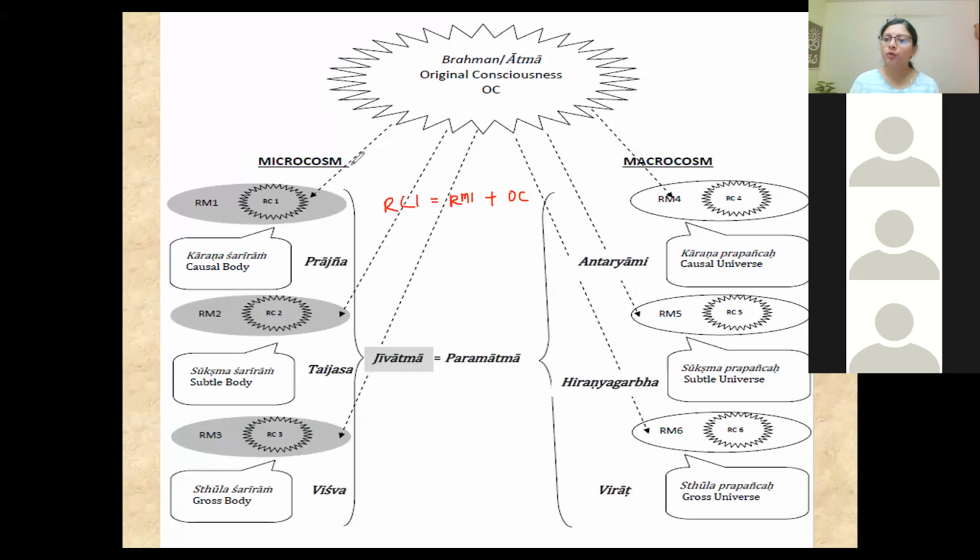The 3 universes, the 3 prapancha. All of these have to be backed by OC, blessed by OC, and that combination is called Ishvara or Paramatma. The combination of all the 3 RCs is Paramatma. Okay?